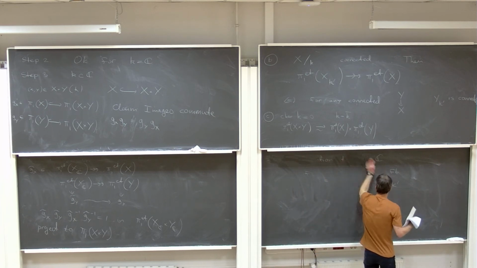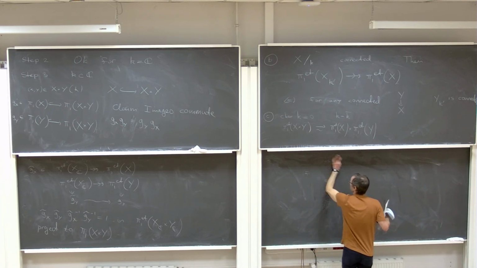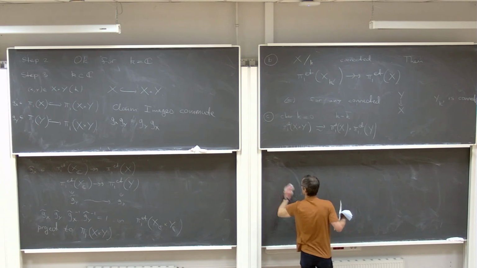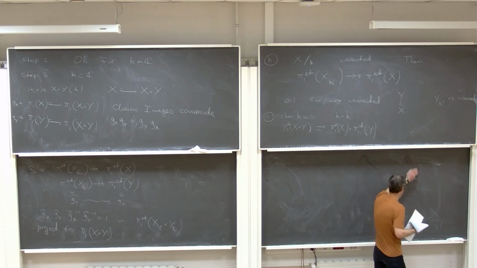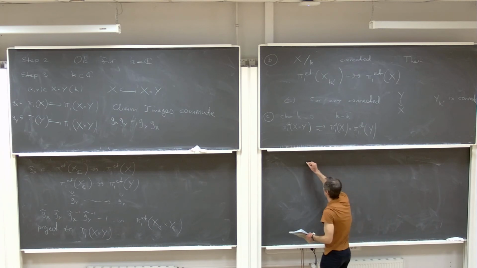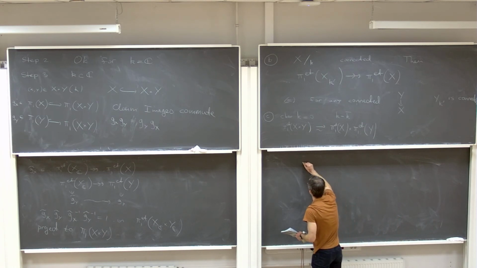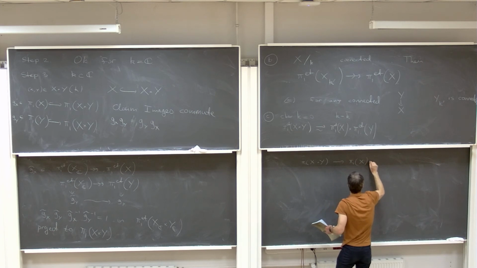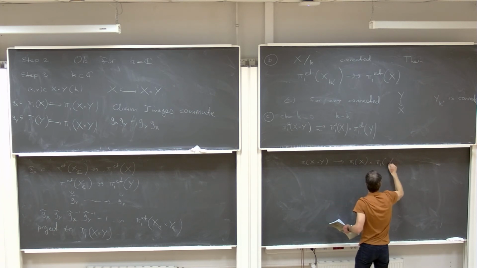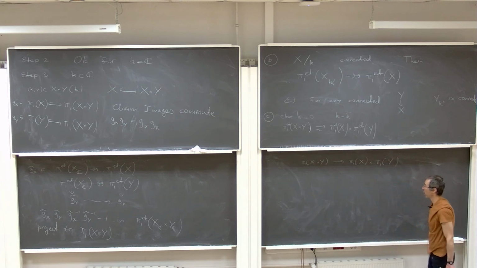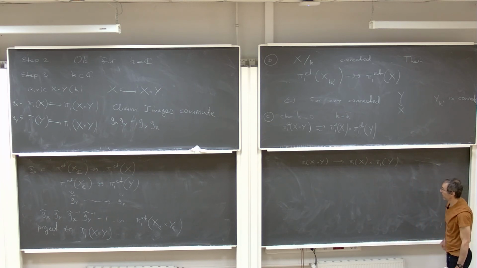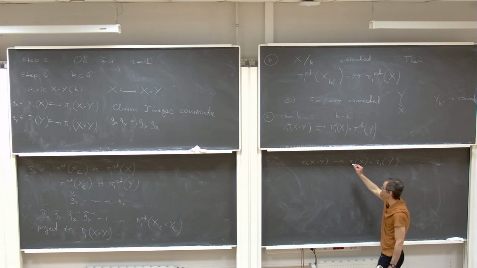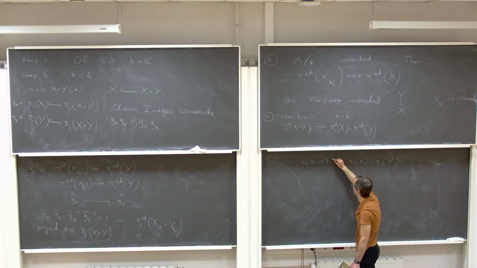Now we have a map from pi1 of X times Y to pi1 X times pi1 Y. That's given by projections. We want to show that this map is an isomorphism, but we just constructed the inverse, a map in the other direction.